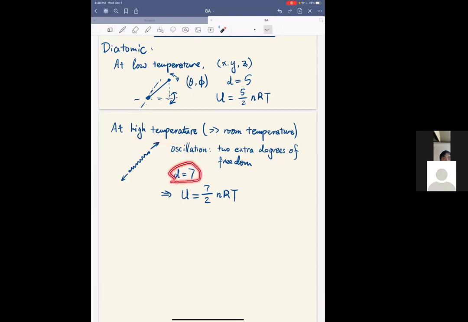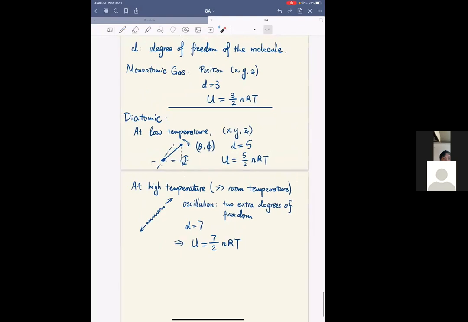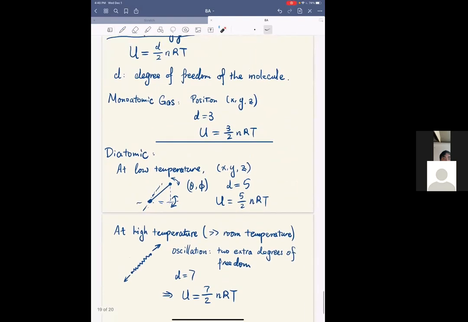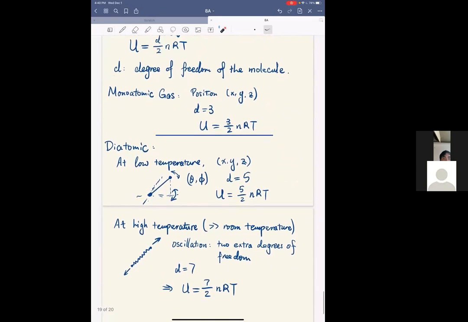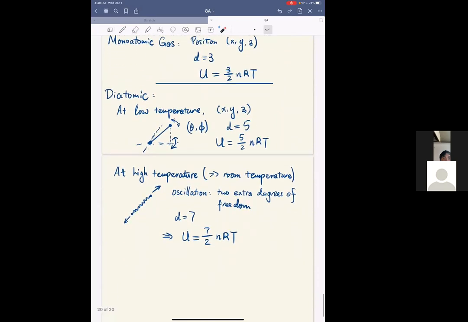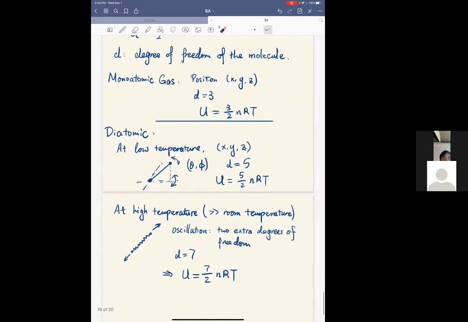We have 2 more degrees of freedom, and we have this one instead. Yeah, I think those are just some background underlying the expression for the internal energy, and there's some physics that is good to know. That's why I'm talking about that.